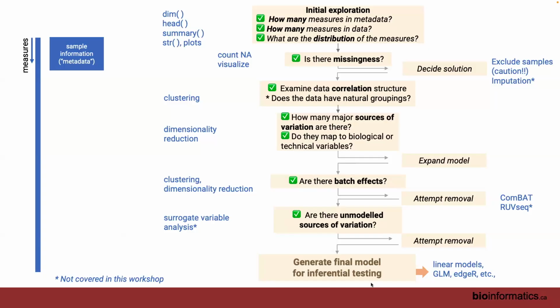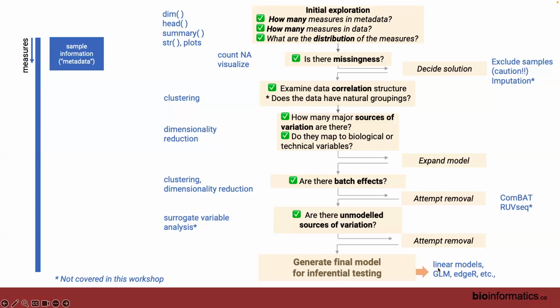Okay. And here we have some tools listed for each of the steps, right? So learn to use all this stuff to explore your data: count NAs, imputation to interpolate, clustering to look at correlation structure, dimensionality reduction for sources of variation, and you use very similar tools for all these other steps.